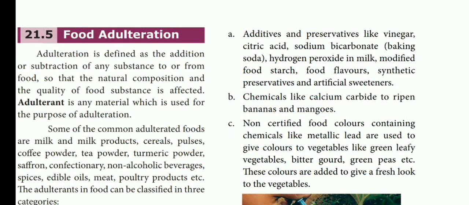Vinegar and citric acid are acids, but if you consume them at a high level, they will be very harmful to humans. Then hydrogen peroxide in milk, modified food starch, food flavors, chemical preservatives and artificial sweeteners.